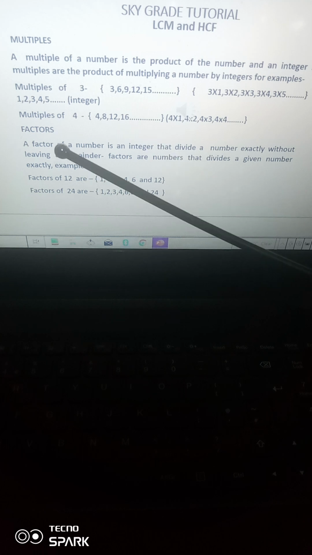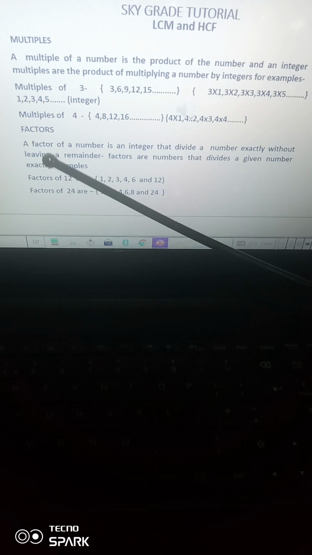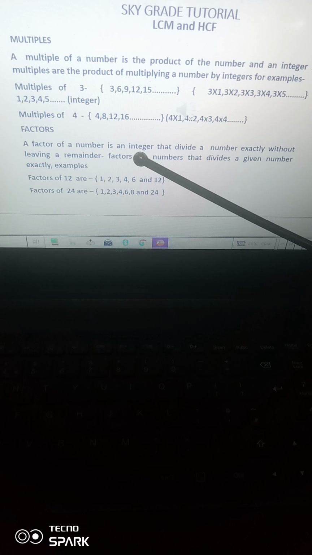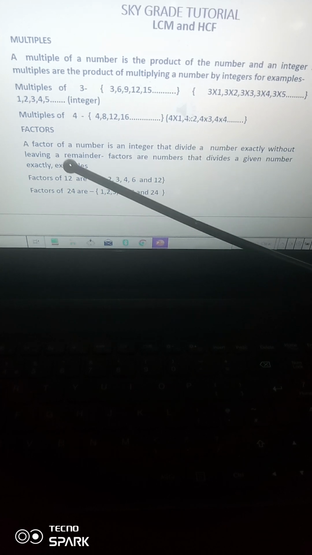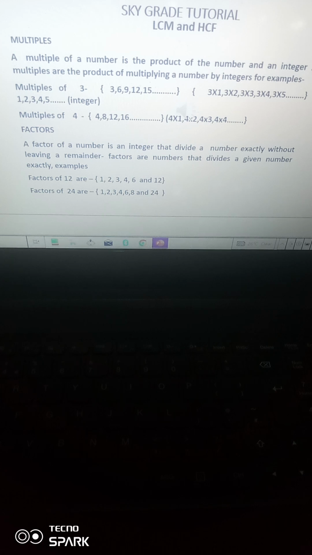Then factors. A factor of a number is an integer that divides a number exactly without what? Leaving a remainder. That is to say, factors are numbers that divide a given number exactly.